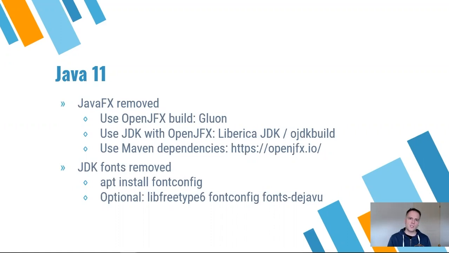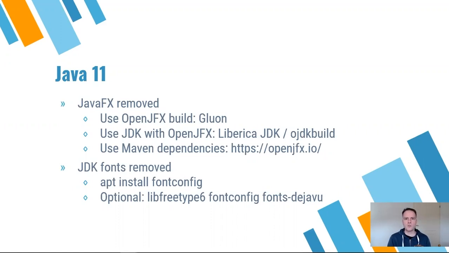So the normal JDK and the specification mention that JavaFX is removed, but there are still vendors that build JDKs which still include OpenJFX support, such as the Liberica JDK, which has a full build with a lot of extra tooling inside, and there is also the OJDK build available. A third way to still keep using JavaFX is to use the Maven dependencies, which are documented on the OpenJFX website.